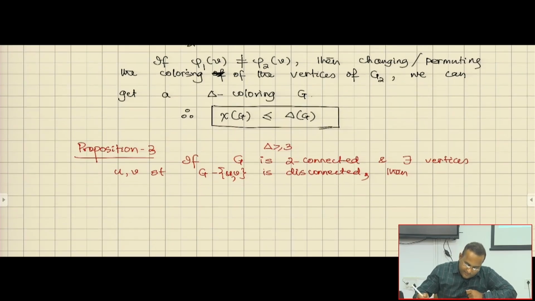So then what can we say about chi of G? Can we say that chi of G is at most delta of G?